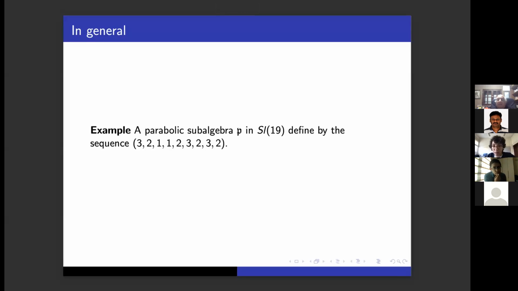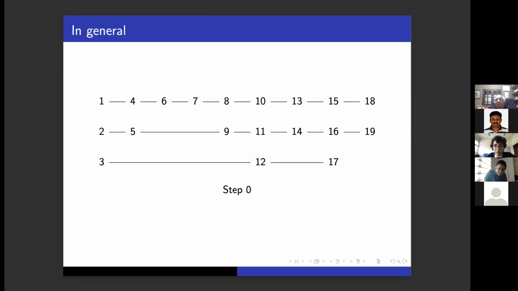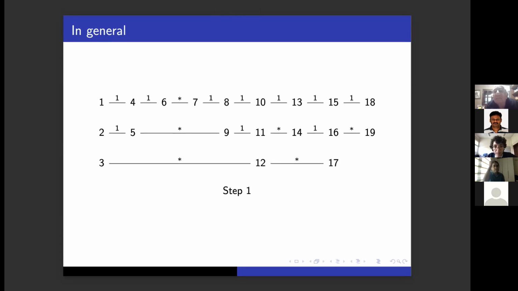So this example is SL19, and the Levi that I will use is defined by 3, 2, 1, 1, 2, 3, 2, 3, 2. Okay. So first, if you had to do it alone, you will first draw the tableau. Secondly, you will draw only horizontal lines, meaning the regular solution. And then you will do the naive labeling.